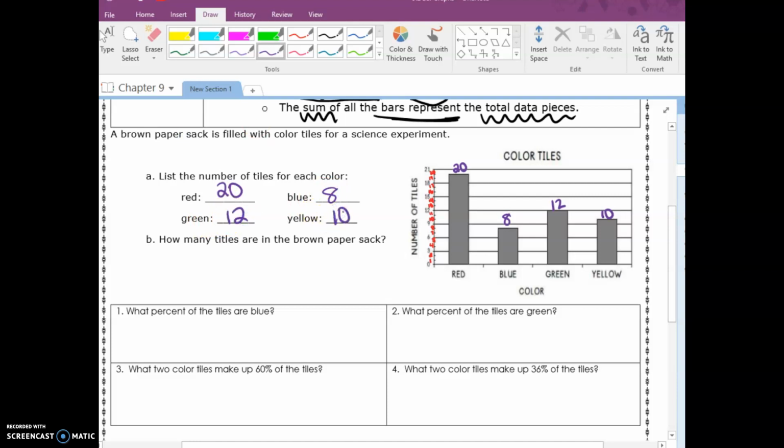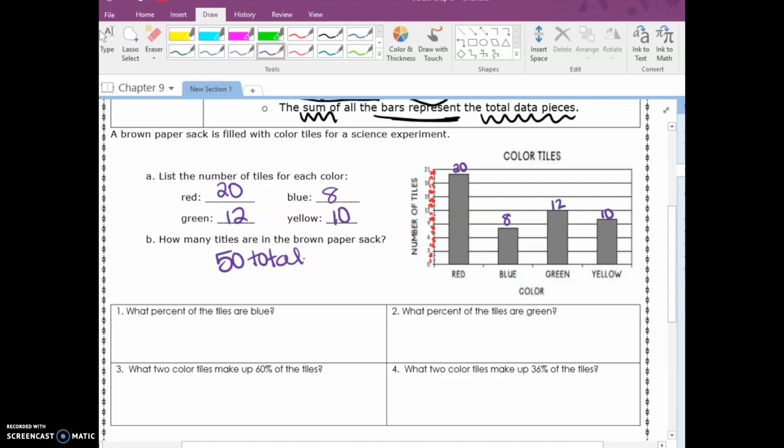Because we listed it on that bar graph, it's really easy to go back and see what each of those bars represent. Then how many of these tiles are in the brown paper sack? We add those up and we would have 50 total tiles.